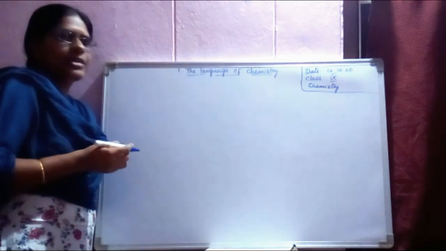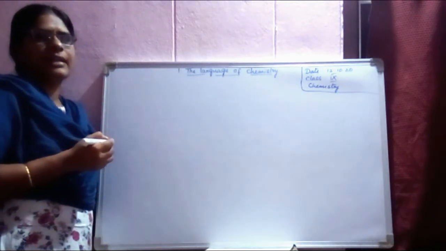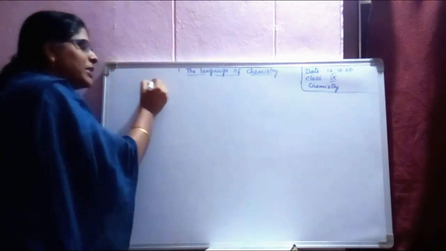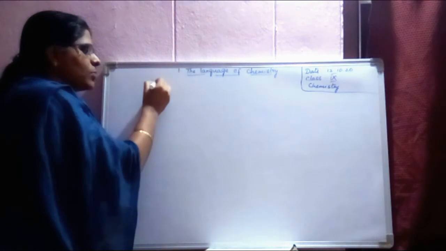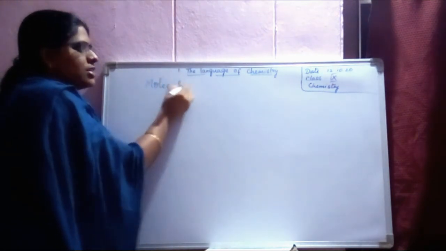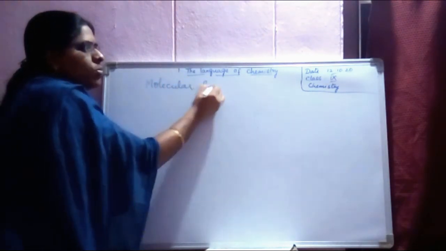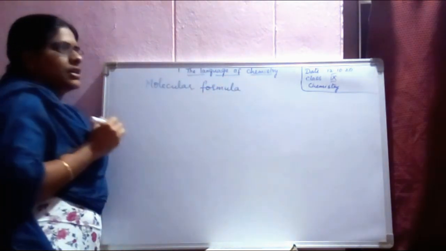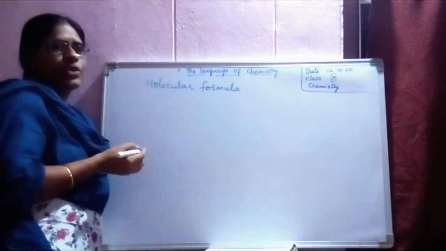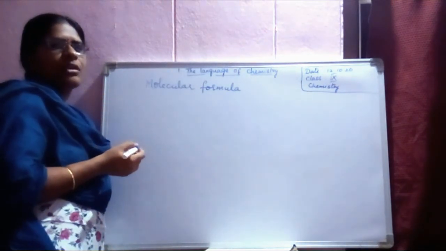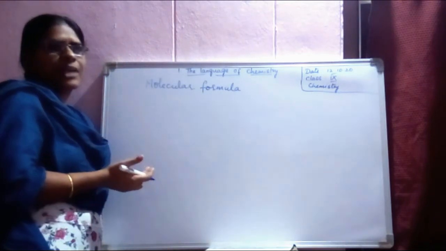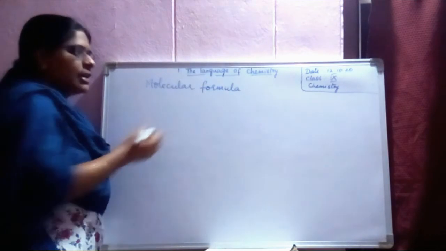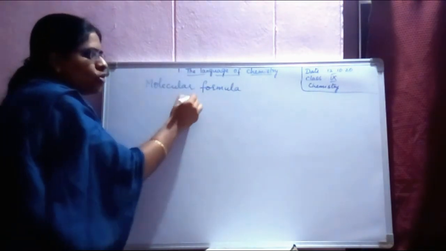Good morning, students. In the last class, we studied what we mean by molecular formula. We will just recall that. A molecular formula gives you information like how many atoms are present in a given molecule, like H2O.